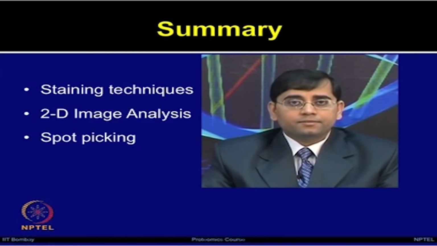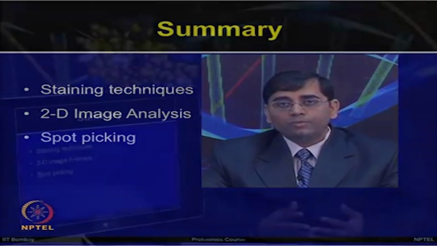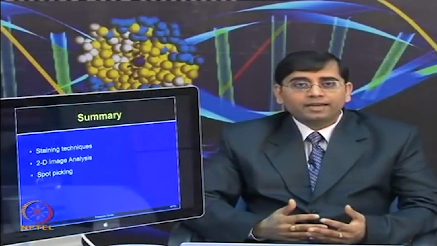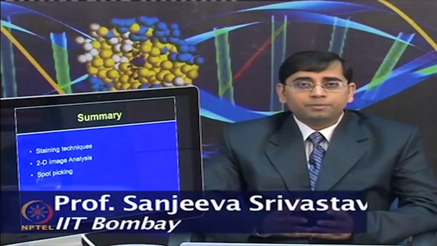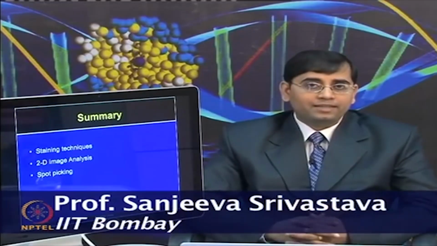We will continue this in the next lecture with a more advanced form of electrophoresis such as two-dimensional difference gel electrophoresis. I hope you are able to appreciate the various types of methods available to analyze the protein samples or the complex proteome, and how one can, depending upon their challenging samples, apply different types of techniques.